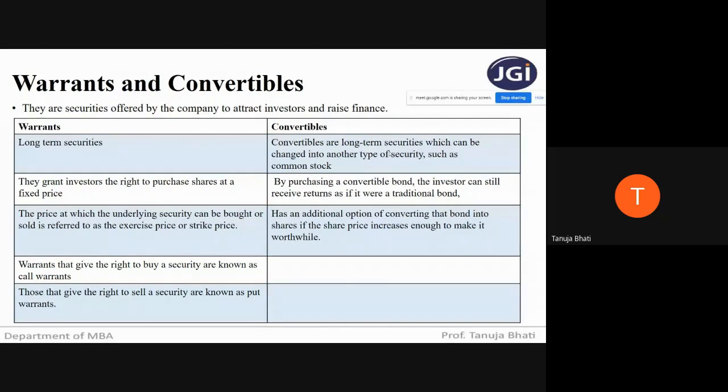Now these bonds need not remain bonds for the long term. You will have an option of converting these bonds into shares, depending upon your prediction of the share price. So convertibles are securities that can get converted from one form to another. These options are given if you purchase convertible bonds. Is this clear?